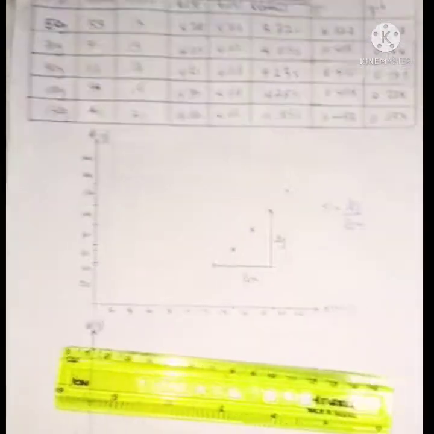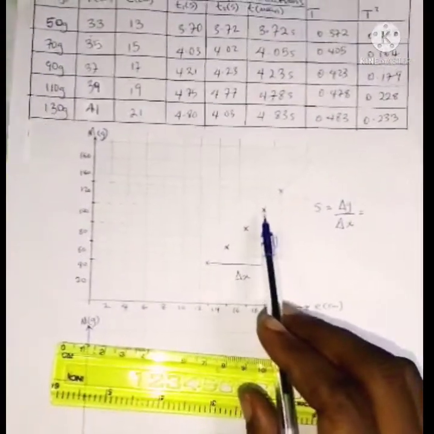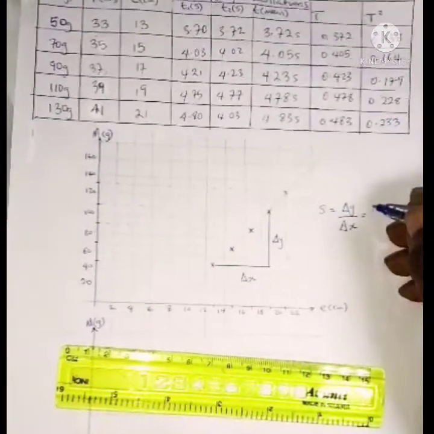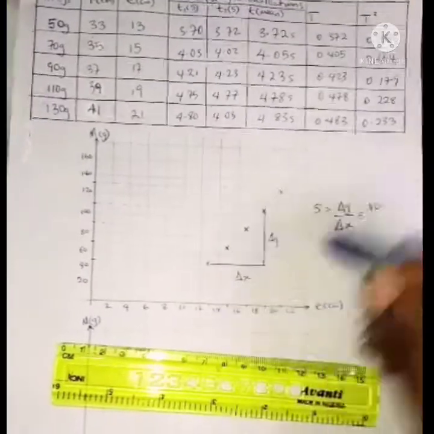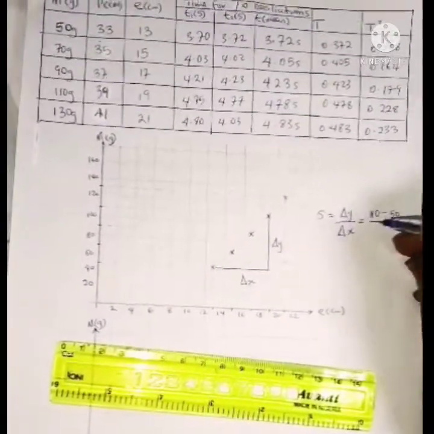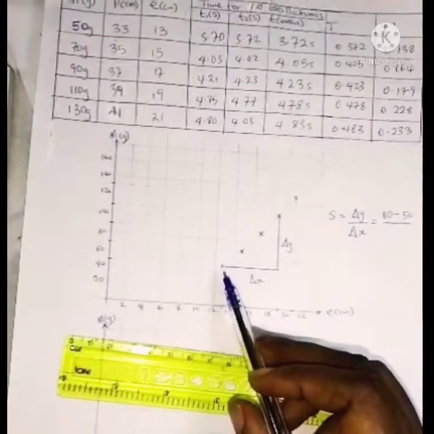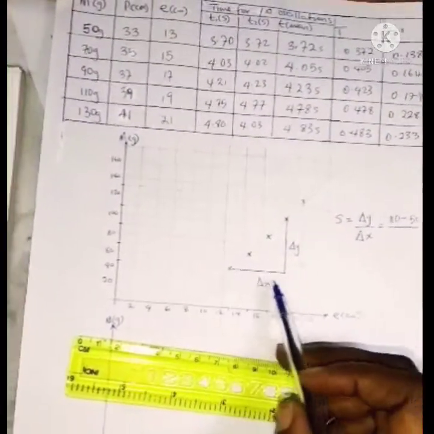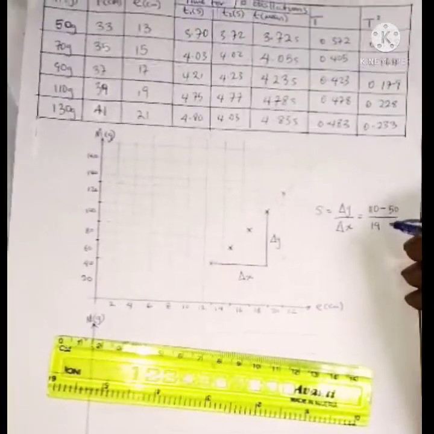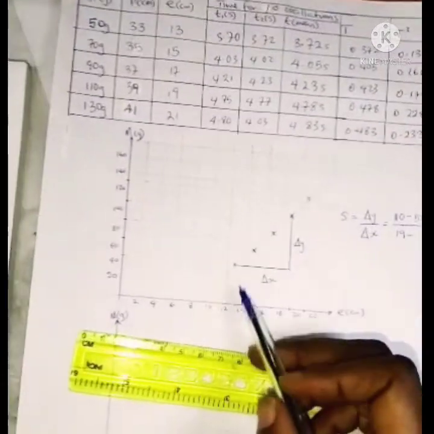So the change in y is, this point is what? 110. 110 minus 50 all over, for x we have 19 minus 13.